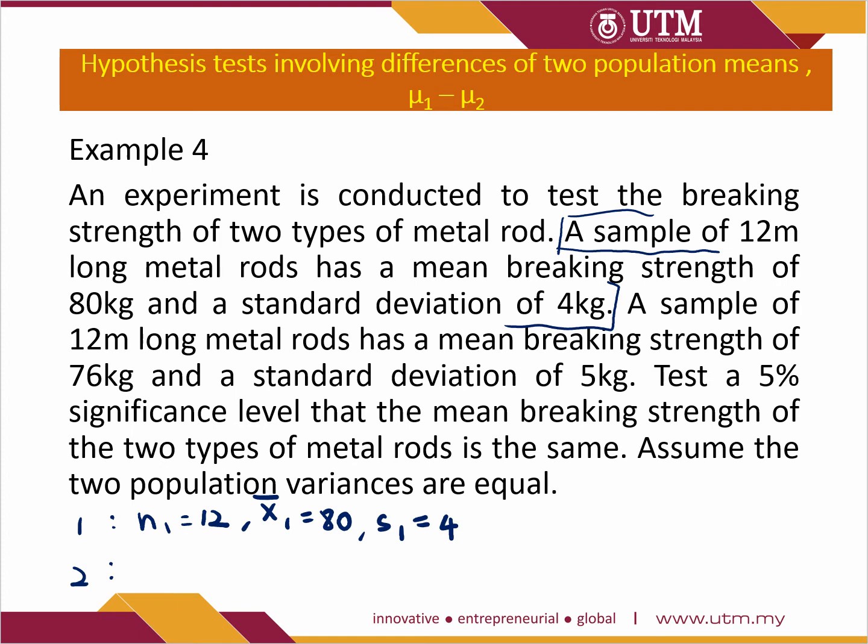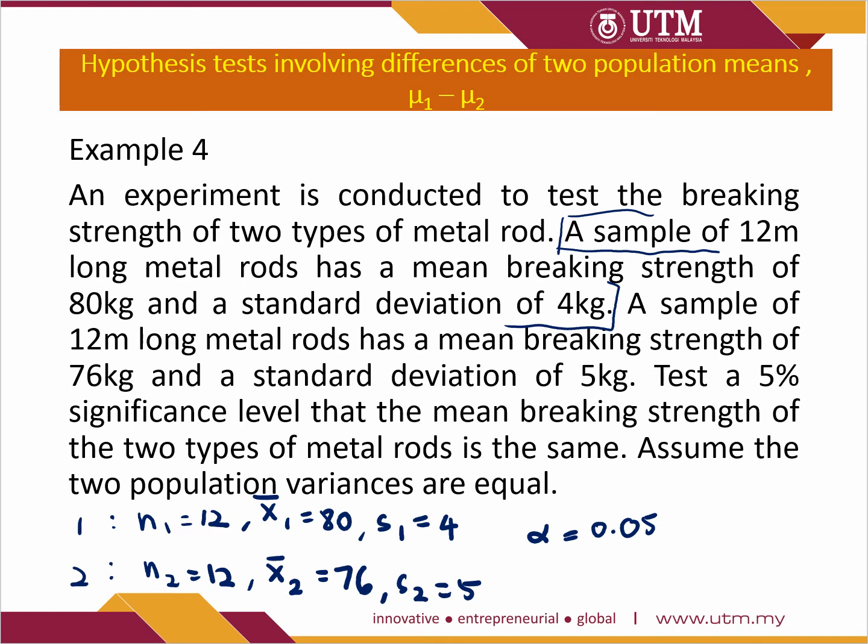For the second sample of 12 meters, our N2 would be 12. The mean for sample population 2 would be 76 and the standard deviation is 5. Test at 5% significance, so this is our alpha 0.05, that the mean breaking strength of the two types of metal rods is the same. And assume that the two population variances are equal.